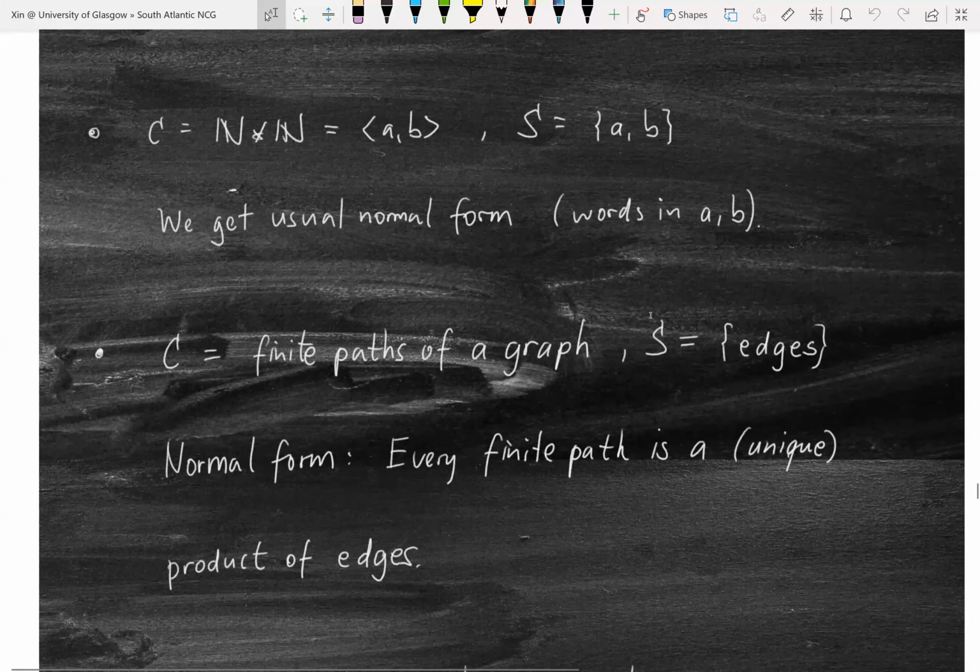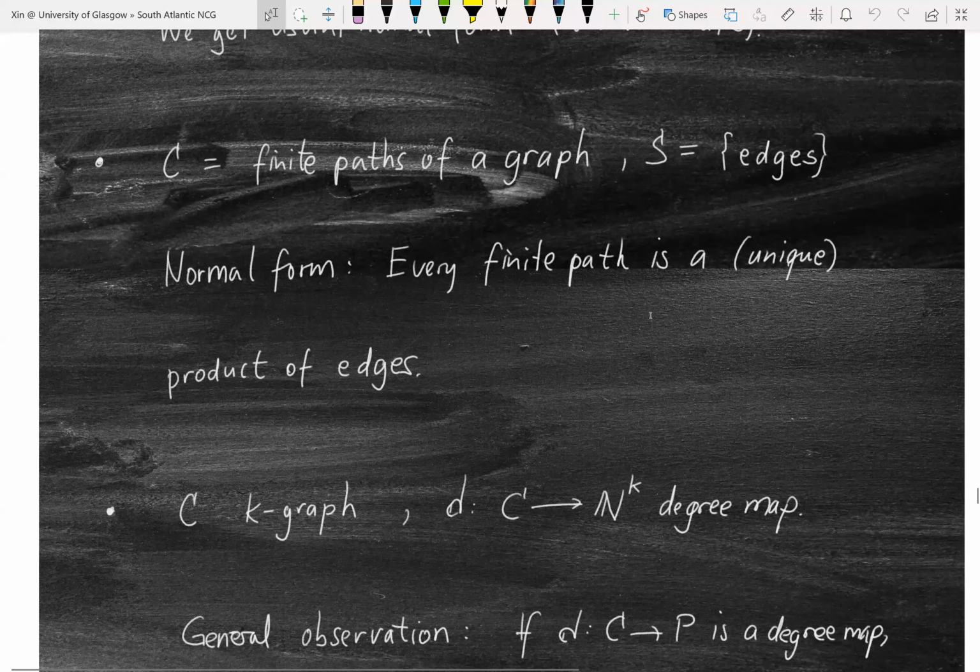So how do we understand k-graphs? This is now an observation that this notion of Garside family plays very nicely with these degree maps.